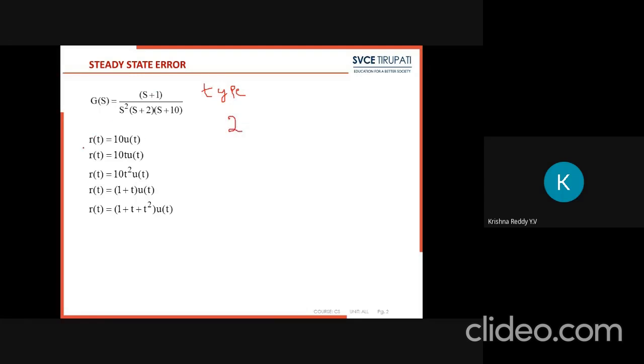For this system, I have given r of t equal to 10 into u of t input. Now, what is the steady state error? When the type is equal to the input, only then we are having a finite amount of steady state error. When the type is greater than its input, the steady state error value is 0. When the type is less than its input, we are having infinite steady state error.